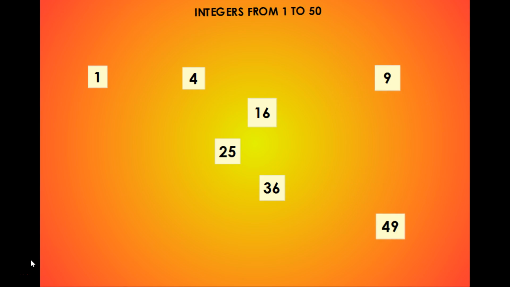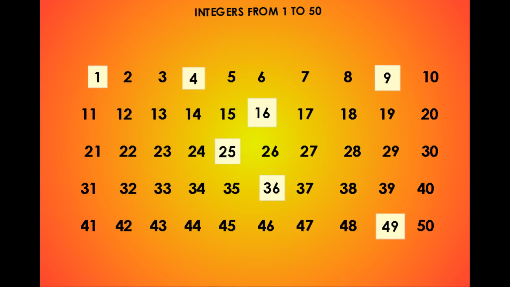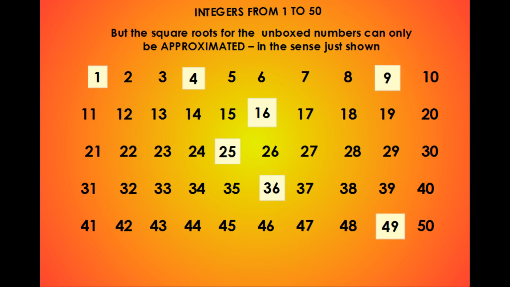Now going back to our list of integers from 1 to 50, we have these integers which we've seen can be put in a list, and the rest of the integers, the unboxed numbers, can only be approximated when we're looking to find their square roots, approximated in the sense we've just discussed.